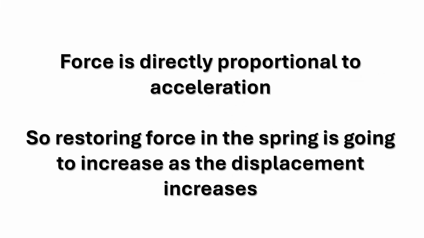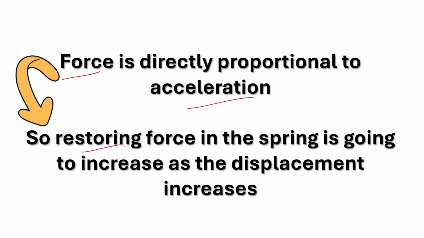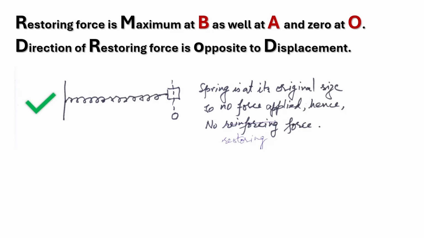The restoring force, because the force is directly proportional to the acceleration, in the spring is going to increase as the displacement increases. I have shown a diagram in which the spring is in its original size, so no force is applied, hence no restoring force is there.